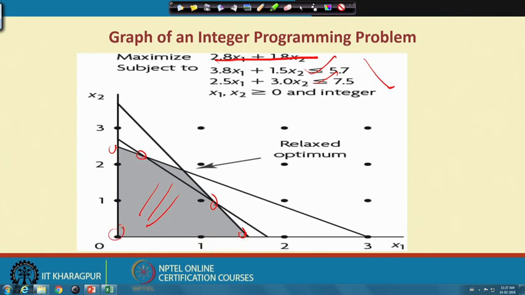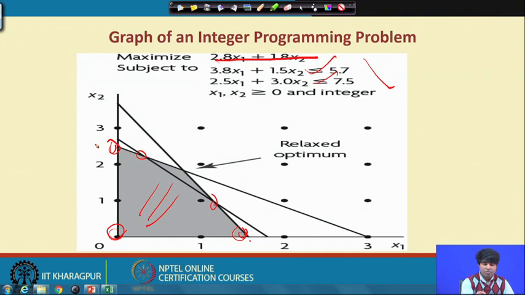In this case it is 0, 0, but in this case x 1 has some value and x 2 is 0. In this case x 2 has a value and x 1 is 0, but here both x 1 and x 2 are there, and here both x 1 and x 2 are there. So there is a high chance that the values at these corner points may not be integer type.